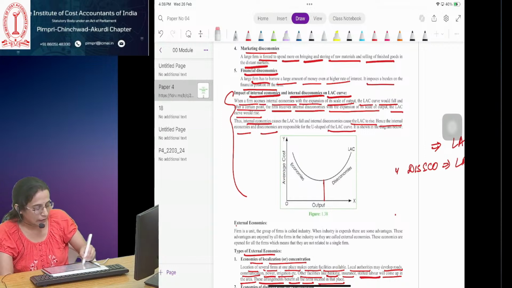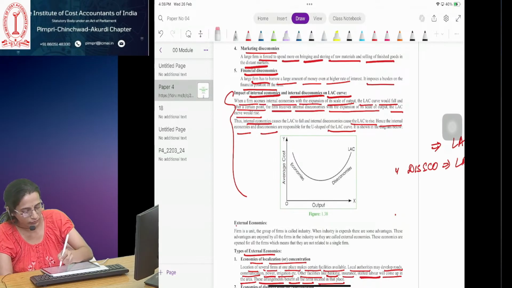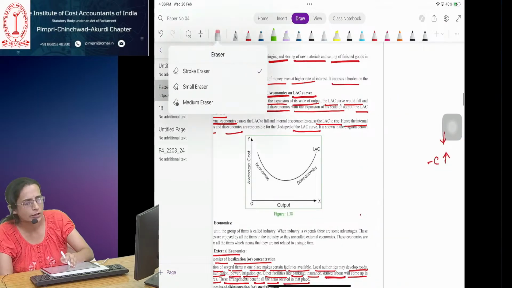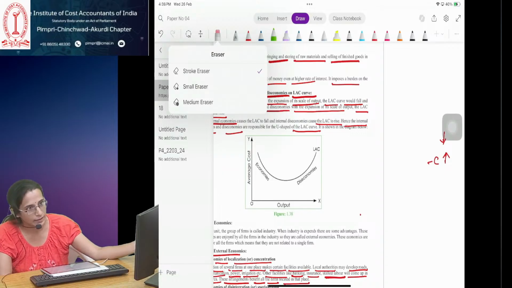So what will happen to the cost in relation to economies and diseconomies? Any idea? Economies are the advantages. So will the cost increase or decrease if we get an advantage? It is an advantage that you are getting.